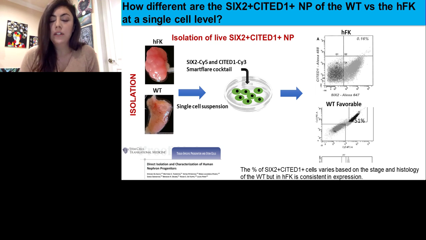And one important thing to note is in the human fetal kidney, the percentage of SIX2+CITED1 was pretty consistent. However, in the Wilms tumor, depending on the tumor type and stage, we actually had differences in expression of SIX2+CITED1. This particular tumor, which was predominantly more blastema, had actually 51% expression of SIX2+CITED1.